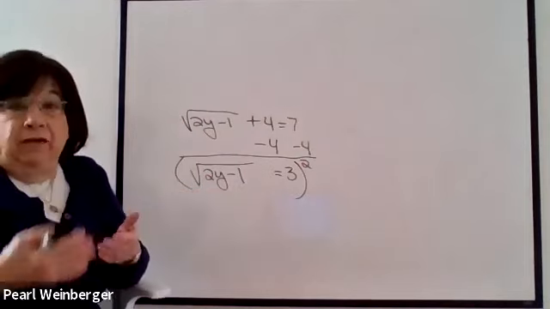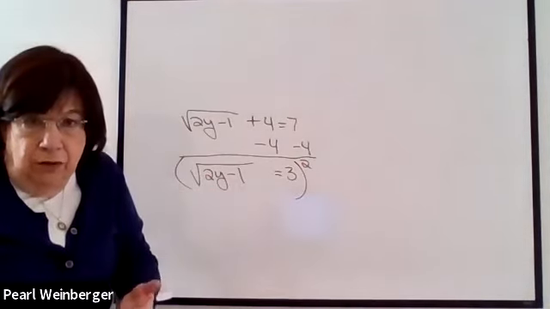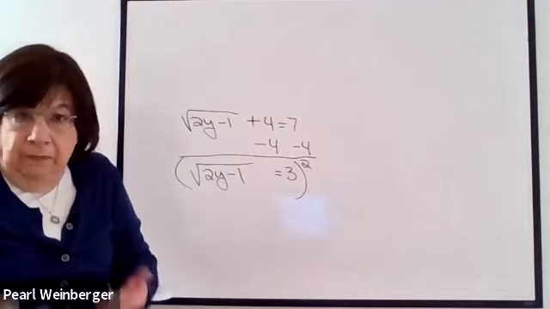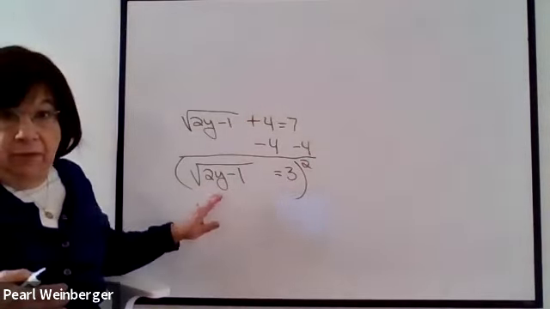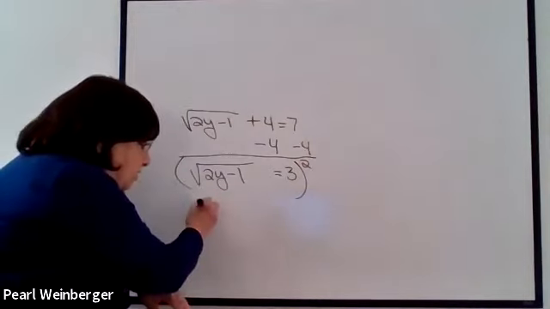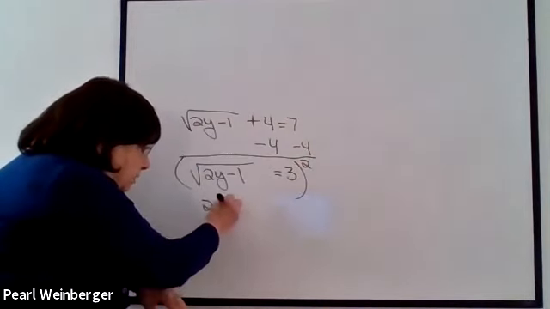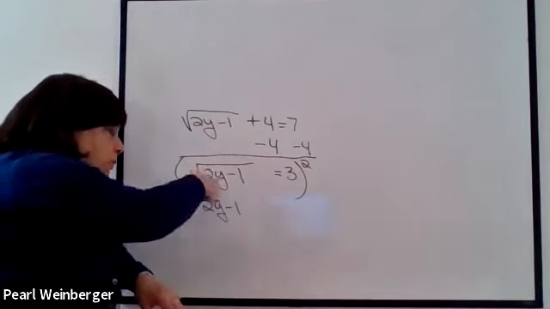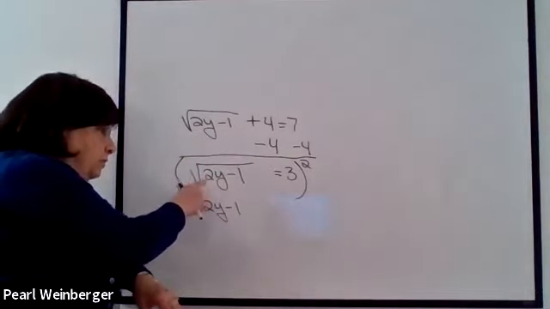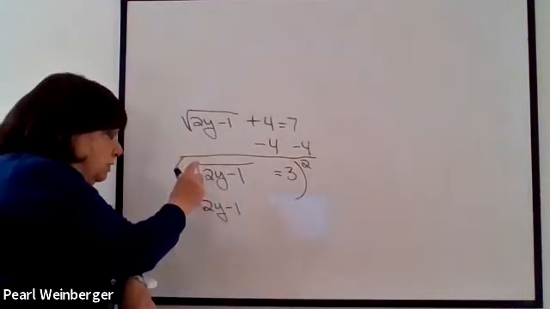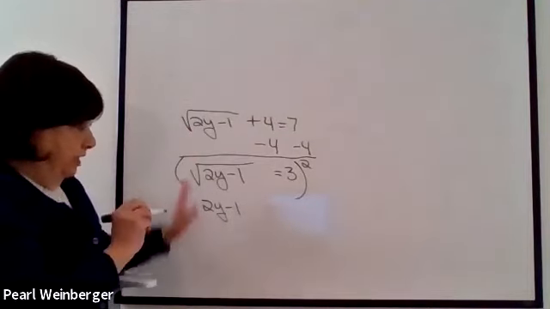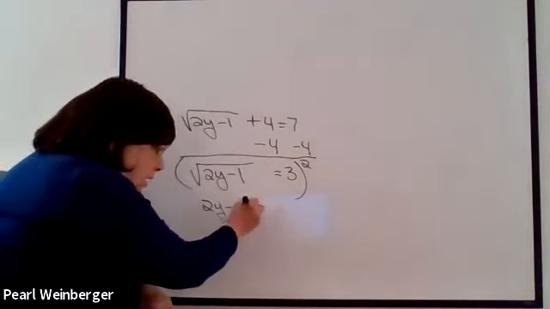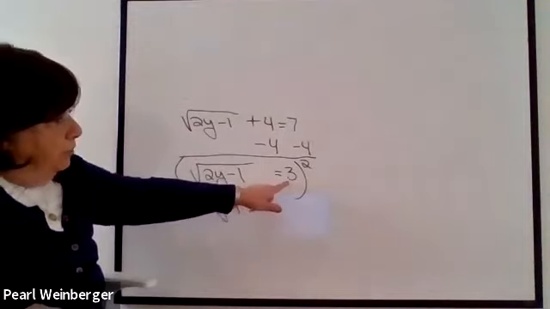Well, I know whenever I multiply a radical by itself, if the two radicals are identical, then I'm left with just what's inside the radical without that radical sign anymore. Multiplying this radical 2y minus 1 times radical 2y minus 1 gives me 2y minus 1.